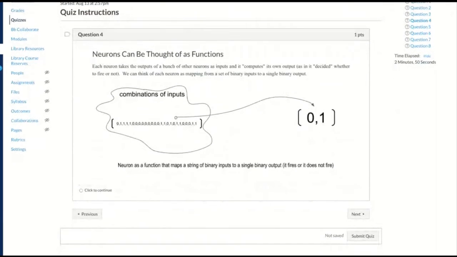So here's something which, at this point, we can treat as food for thought. If a neuron pays attention to some set of other neurons, and each of those other neurons either fires, sends an electrical signal, or does not send an electrical signal, then we can think of the input to a neuron as being a series of zeros and ones.